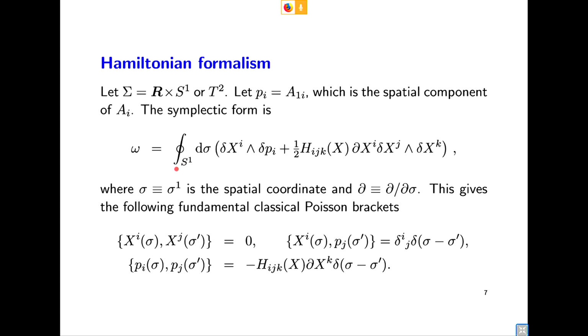In this case the symplectic form is like this. It is not Darboux coordinates, but it is a convenient choice of coordinates. If h equals 0, this coordinate reduces to Darboux coordinates. This is a Poisson bracket induced from this twisted symplectic structure.